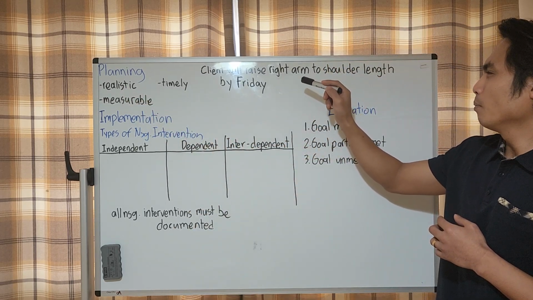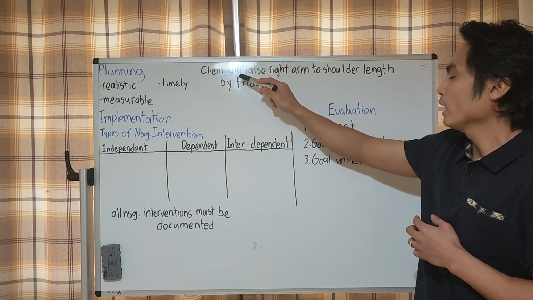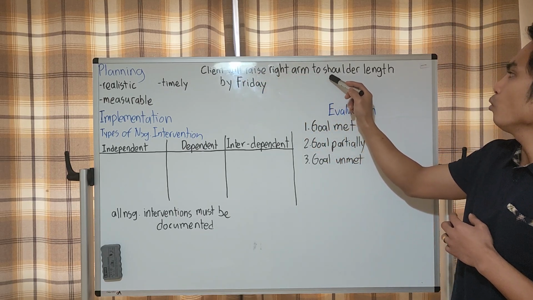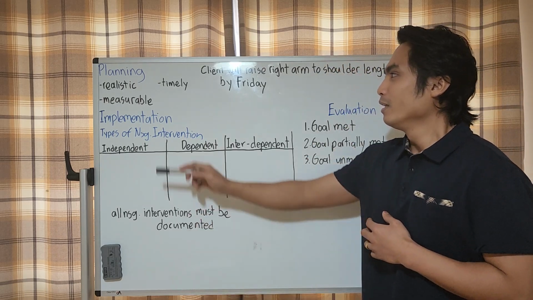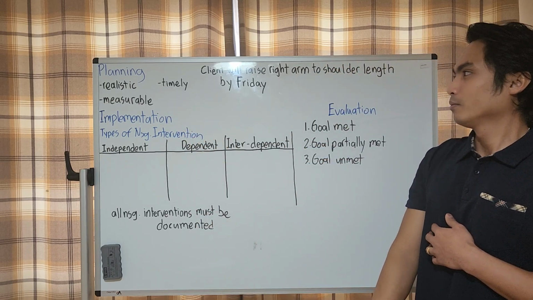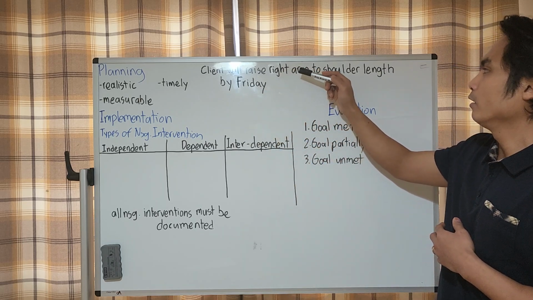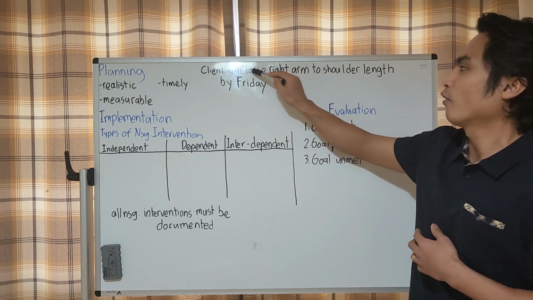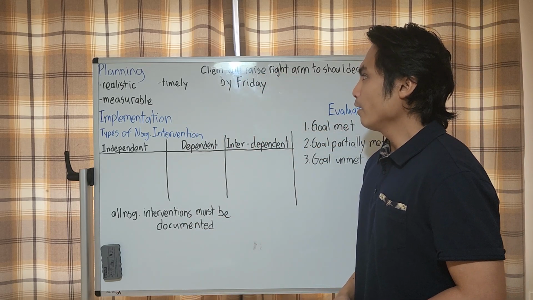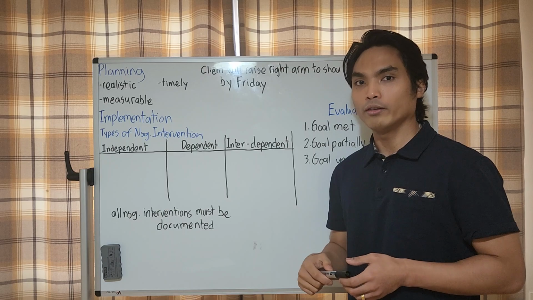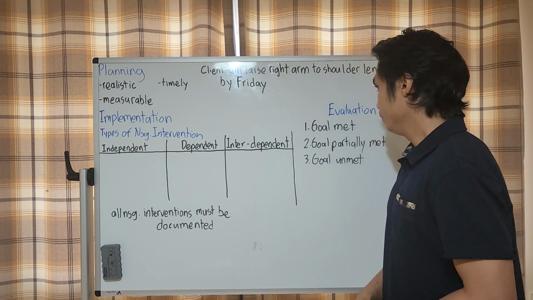Measurable. How high can the client raise the right arm? To shoulder length. Measurable. And timely. When will the client raise the right arm to shoulder length? Friday. So I hope that's clear. That's your planning, setting of goals and objective.